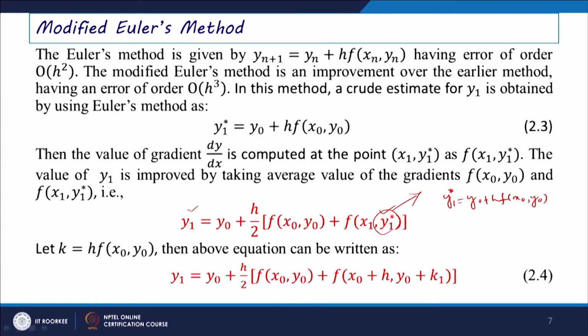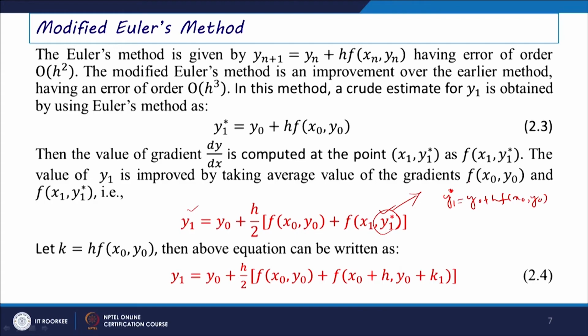So I have written this statement: Euler's method is given by y n plus 1 equals yn plus h f of xn yn, having an error of order h square, second order. And the modified Euler's method is an improvement over the earlier method, giving an error of order h cube.